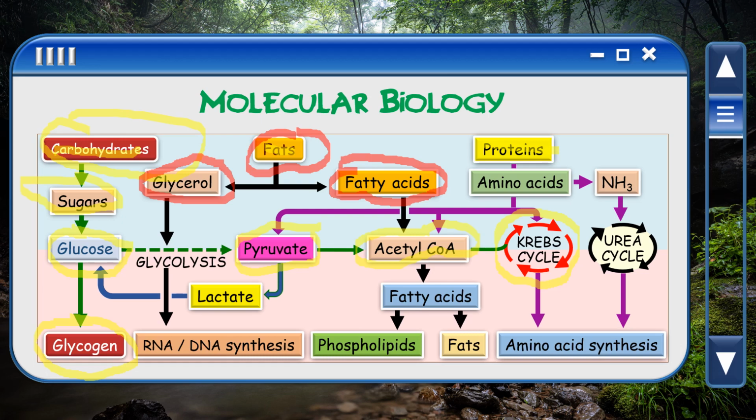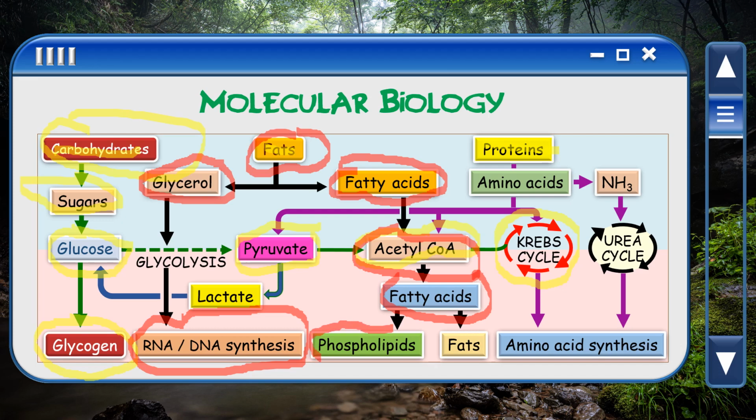The glycerol can be taken and used to prepare for RNA and DNA synthesis, whereas the fatty acids will be broken down to acetyl-CoA, where they can be taken to form other fatty acids, and then those fatty acids can be used to make phospholipids and also other fats. But still, they can also go through and reach the Krebs cycle.